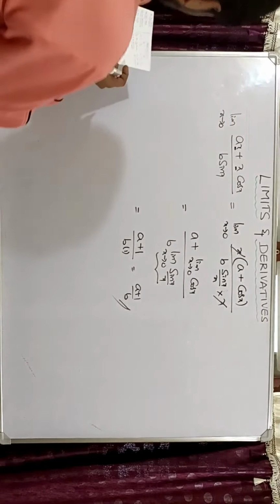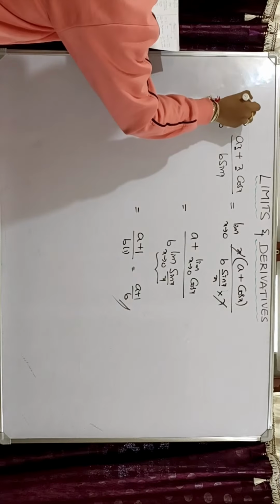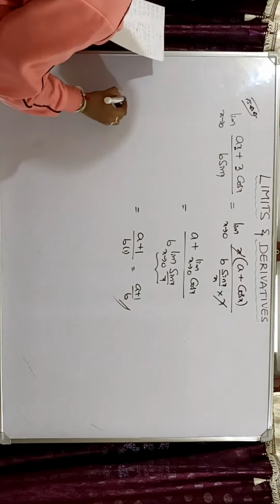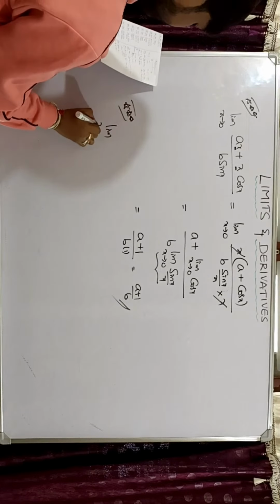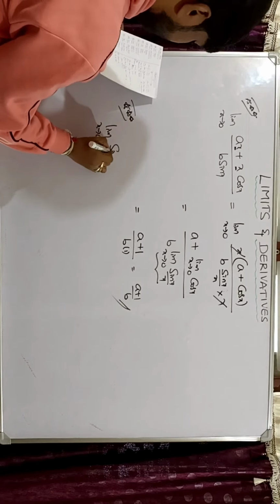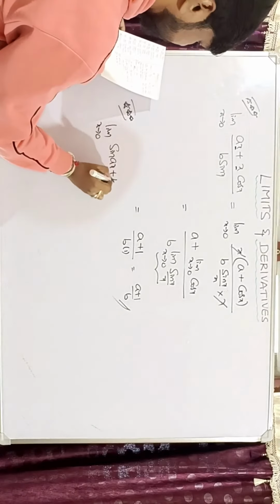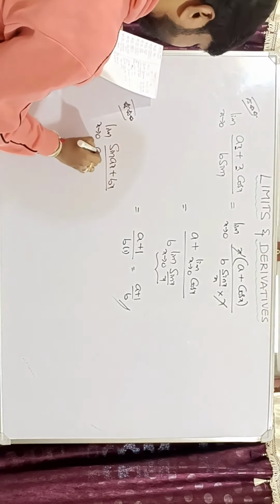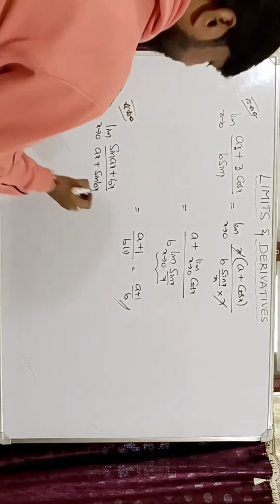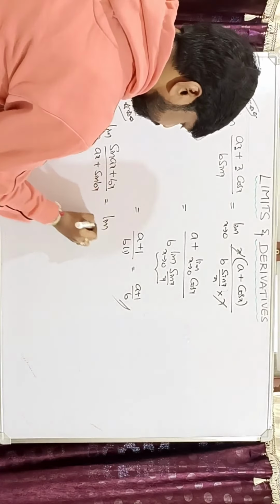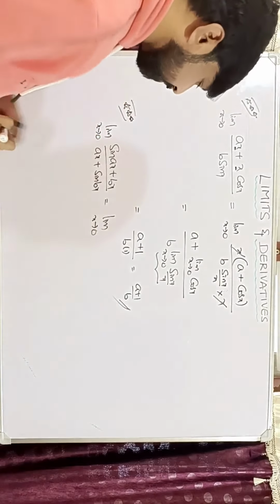Similar kind of model, one more is there. These are the important questions. Limit x tends to 0, (sin ax plus bx) by (ax plus sin bx). What to do? Go for the same logic.